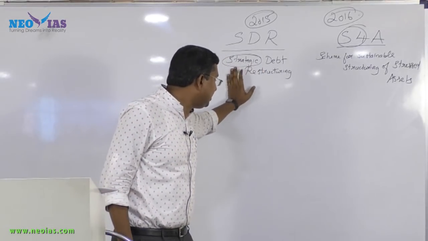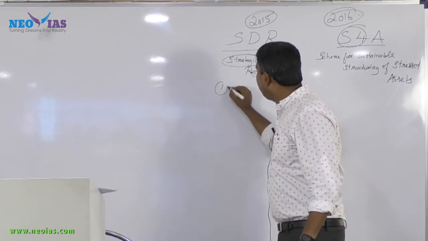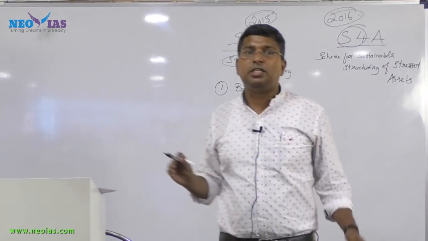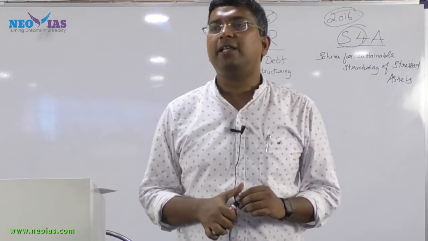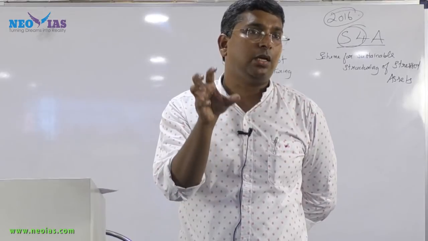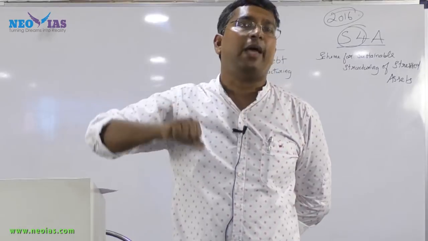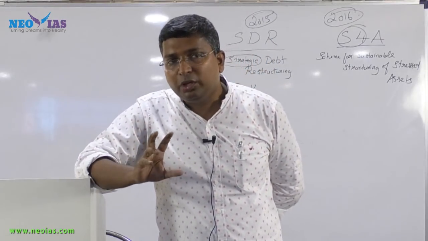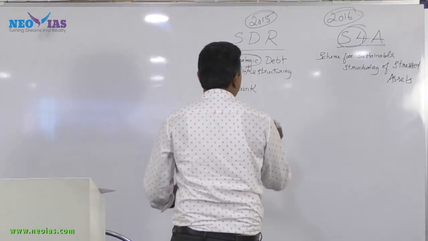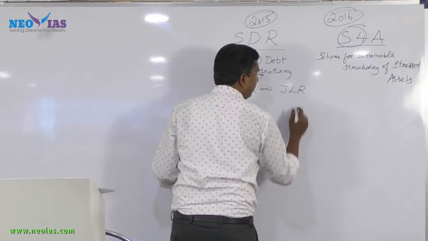The most important thing is that there will be a group of banks. Be very clear that a company might have taken loans from more than one bank, so there will be more than one creditor. This term is very important here. The group of banks is also called the joint lenders forum.